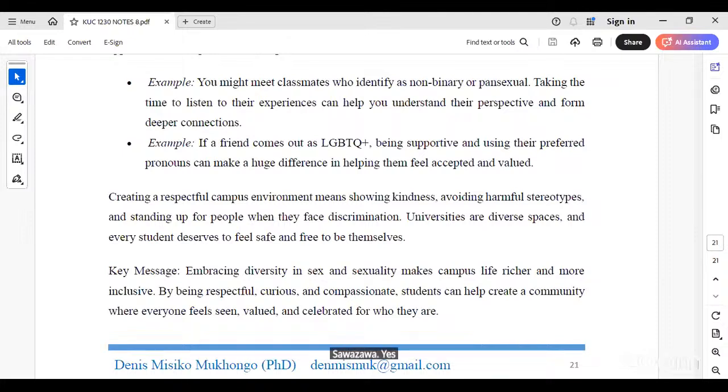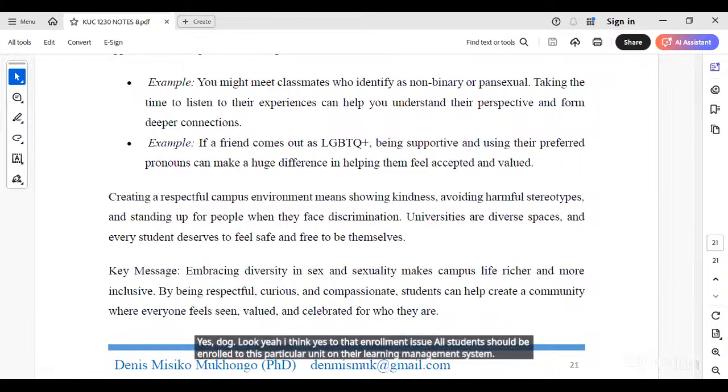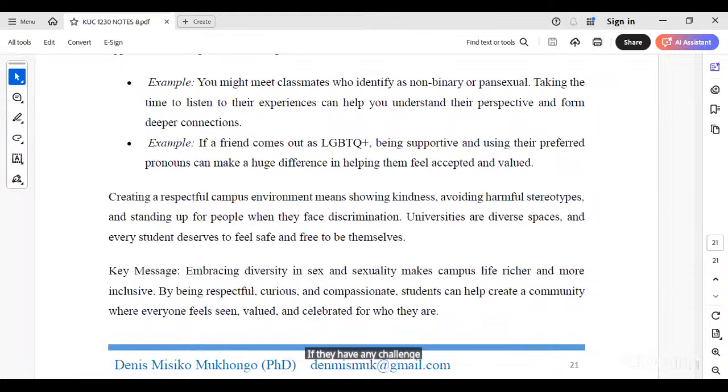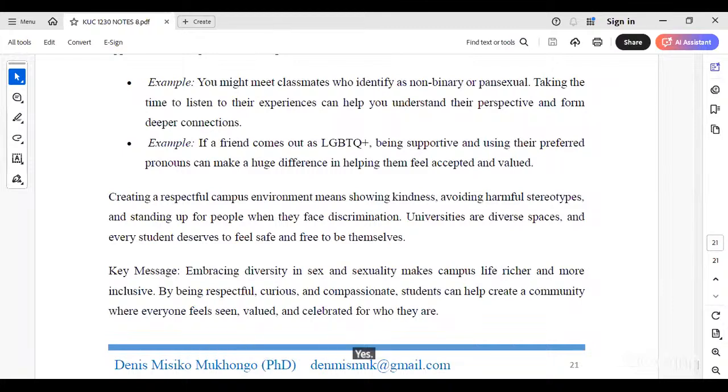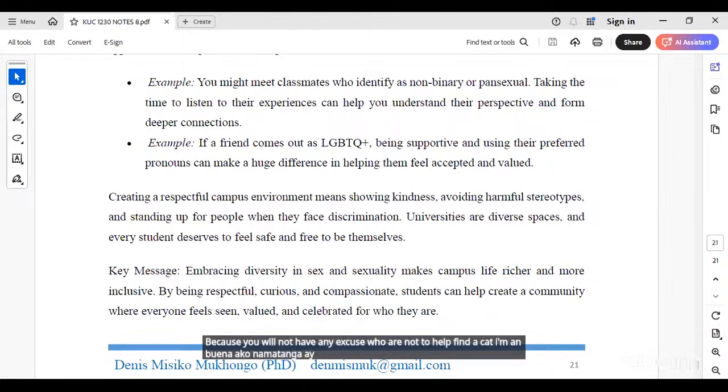Bonnie: On that enrollment issue, all students should be enrolled to this particular unit on the learning management system. If they have any challenge, they should come early enough, and they should be alerted that there won't be any makeup cut. Whoever has any problem, whoever has a phone that is not working, should go and fix it early. Whoever has no bundles should buy them early before the day of the cut, because we will not accept excuses that someone did not do the cut.